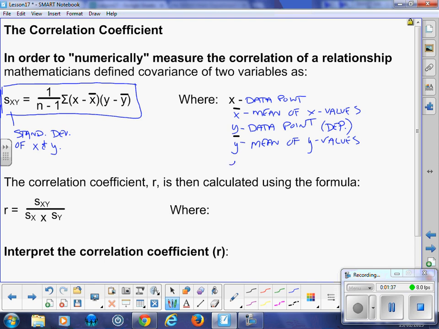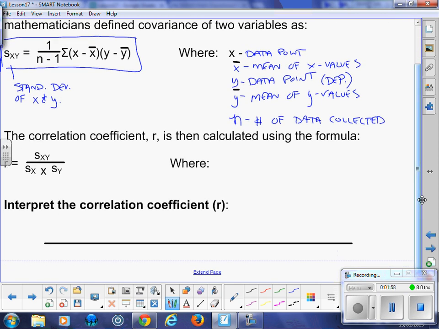And then you also have an N there. That's the number of data collected. A lot of those variables are self-explanatory after the previous lessons. In the old days you'd have to figure all this out by hand and plug it in. The spreadsheet's going to take care of that for us, but we have to understand what it's doing.